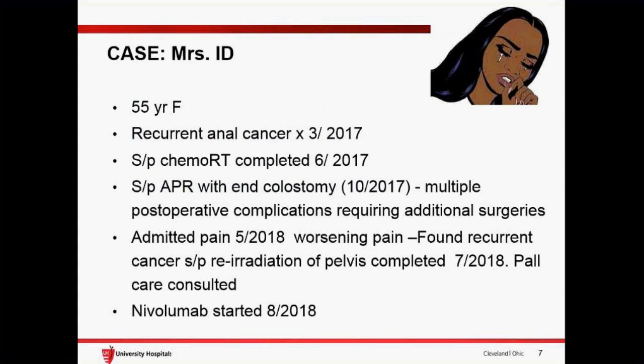So we'll walk through this case of Mrs. ID, to illustrate that optimal pain relief is not possible without addressing all the dimensions of total pain.